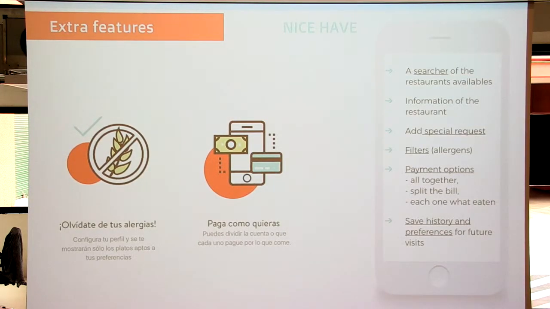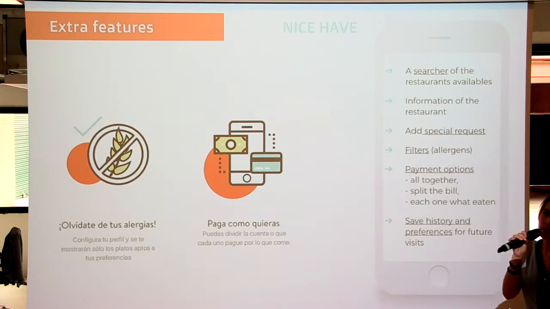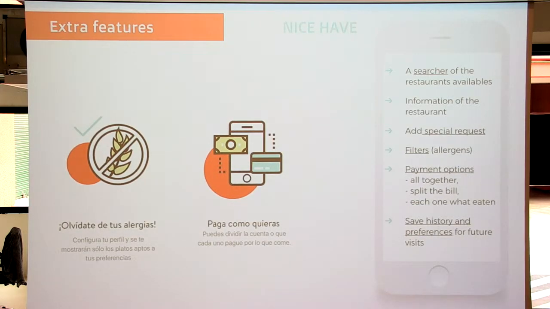I want to add some extra features to improve the MVP. For example, it's very important for people to add some special requests or filter the food if they are allergic, and to have payment options, for example.